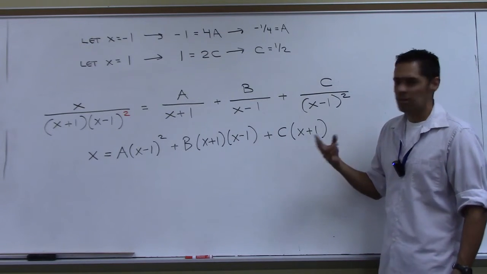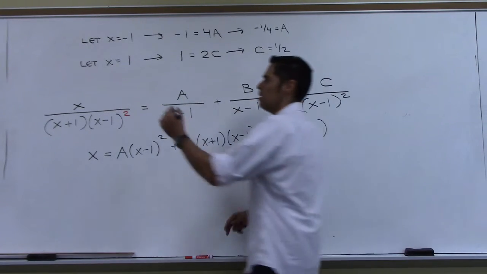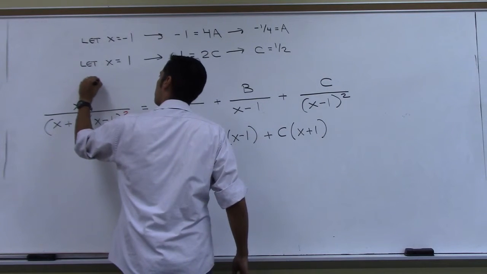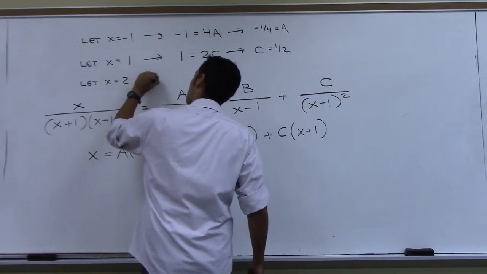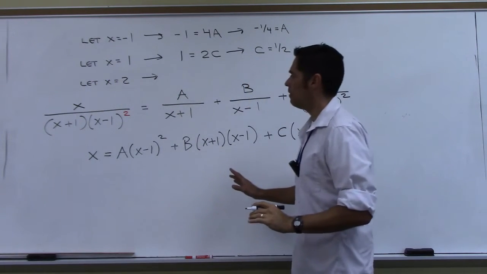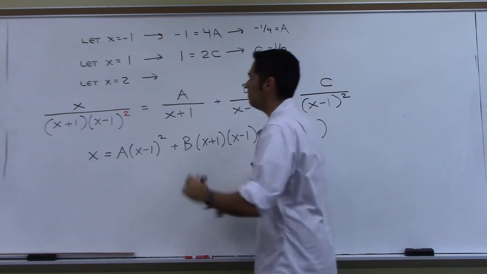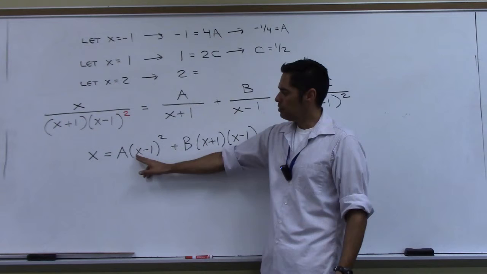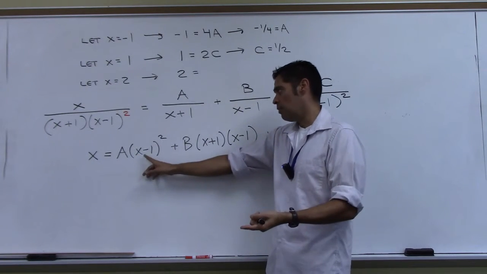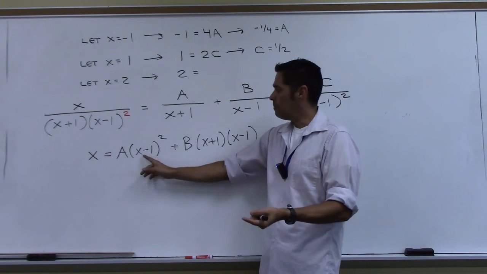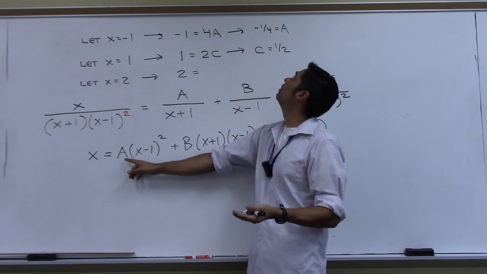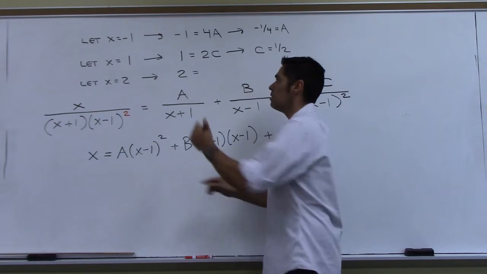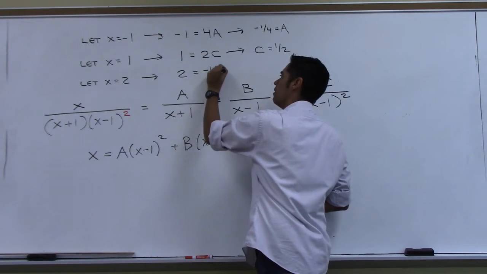How about something like 2? Let x be 2. Now I know it's not going to kill anything off, but the left side of this is what? 2. And then right here, 2 minus 1 is 1. 1 squared is 1. But then times a. What's a? -1/4. So this will be -1/4.